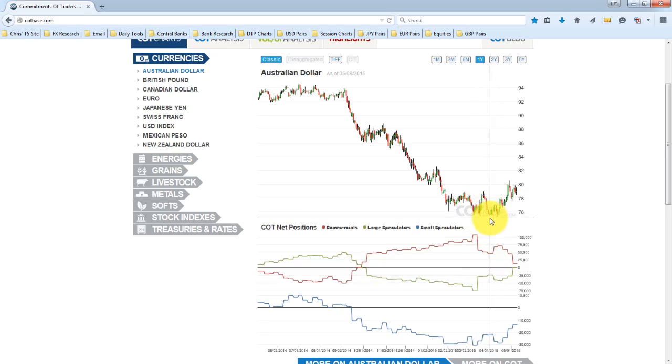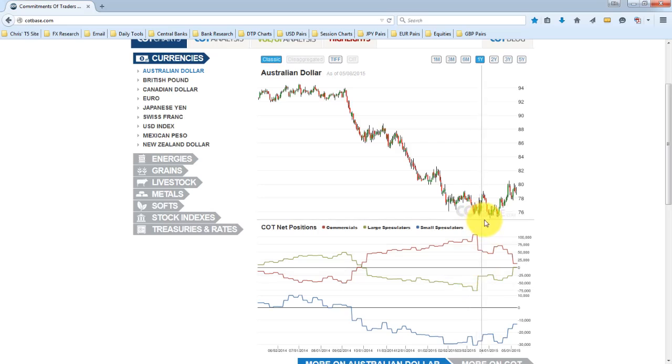So we had the Australian dollar make a new low, but look at the positions of the large speculators. The large speculators are less net short at this point when the market made this new low than they were over here when the market made the previous low.